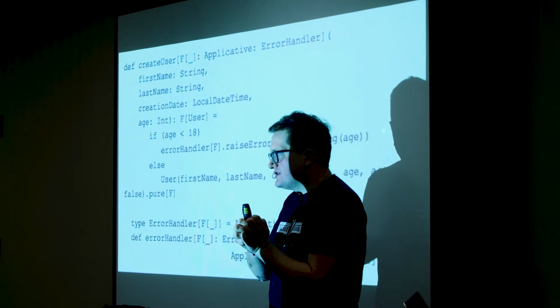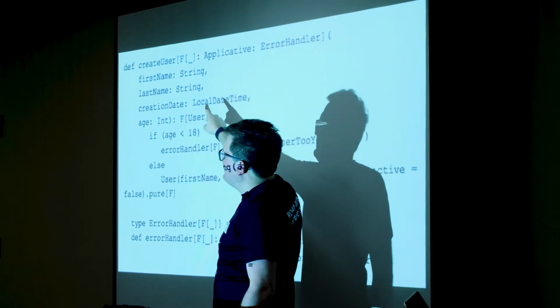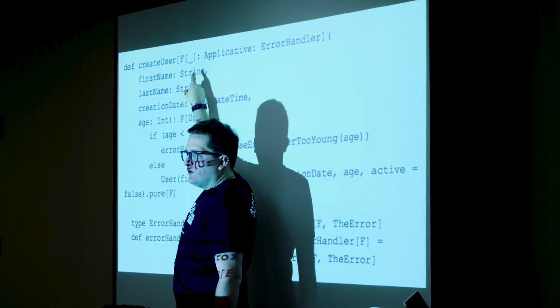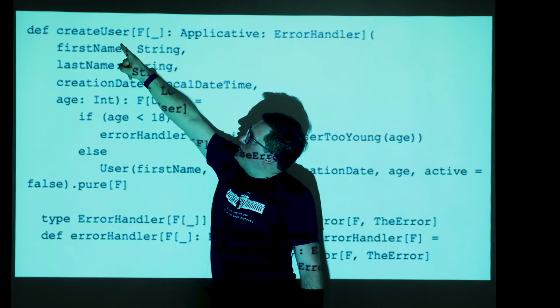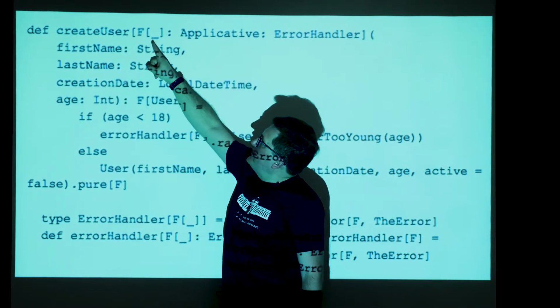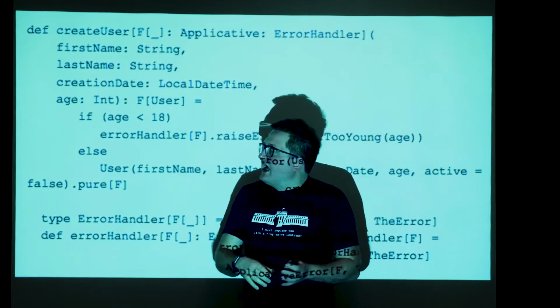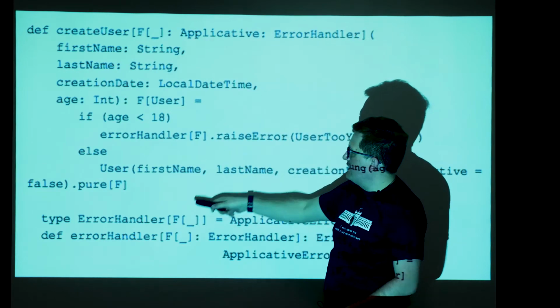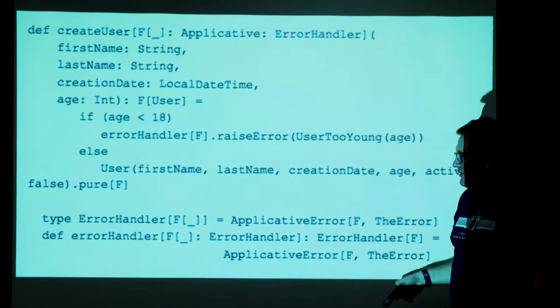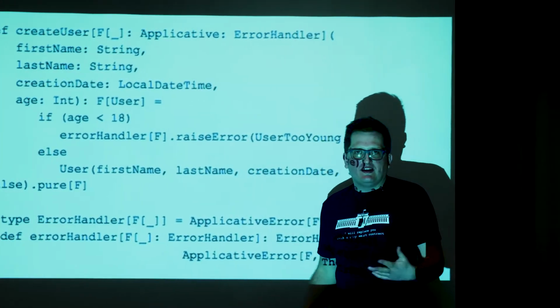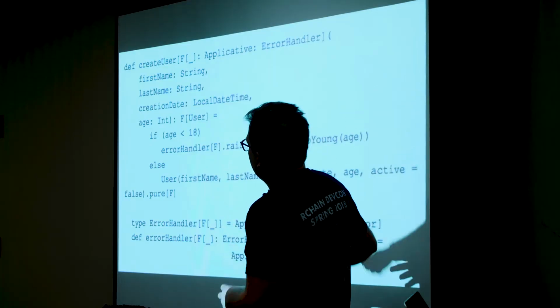It sort of depends on the underlying F. But that's for the user, for the caller, to decide. You want createUser to return the user value closed over Either? Fine, as long as there's an instance of ApplicativeError for Either. And there is one, it already exists, right? So this becomes much cleaner.